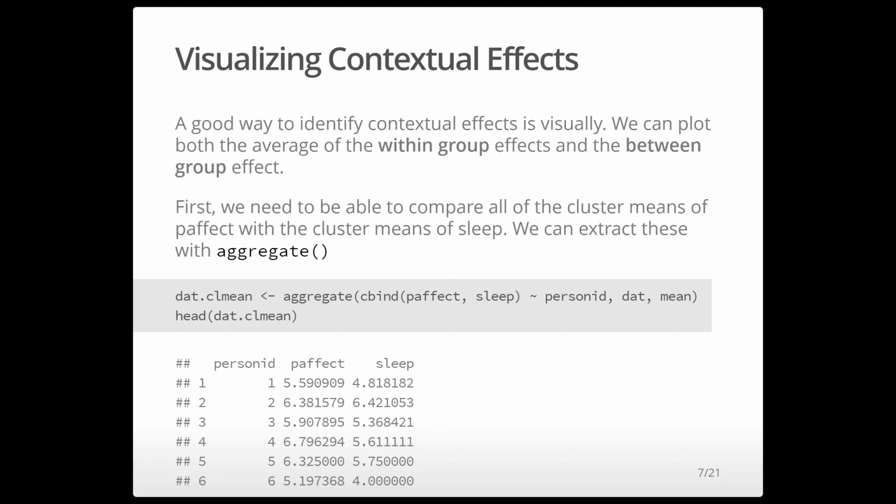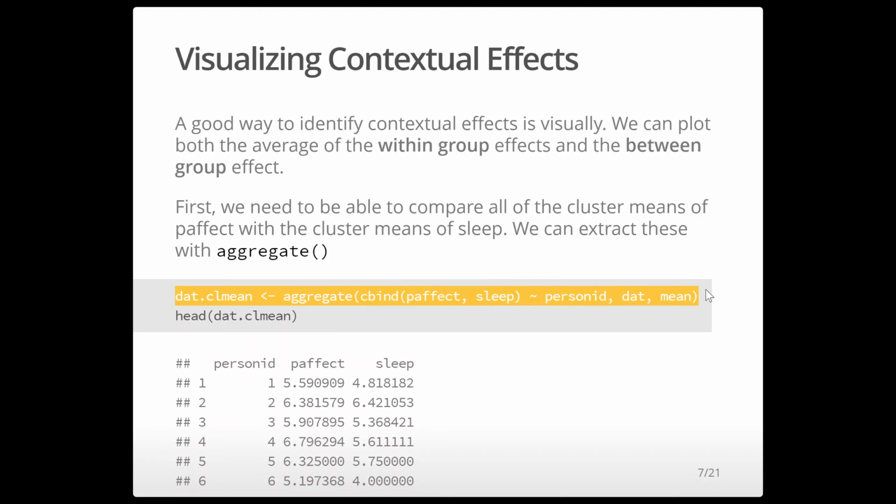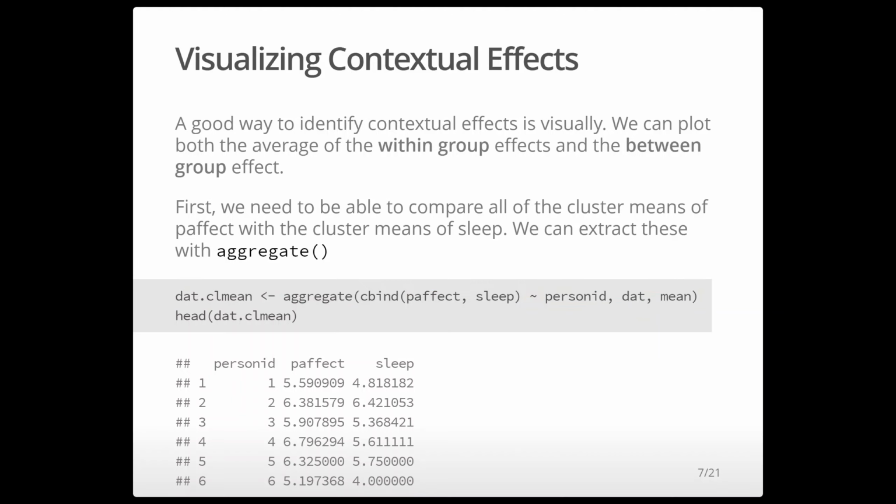And that's to separate out the cluster means of your two variables and compare them to the average within group regression intercepts and slopes of your groups on the two variables. So here we're going to start just by taking the average within cluster for both positive affect and sleep.